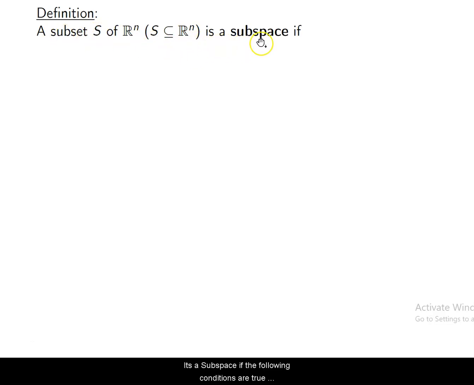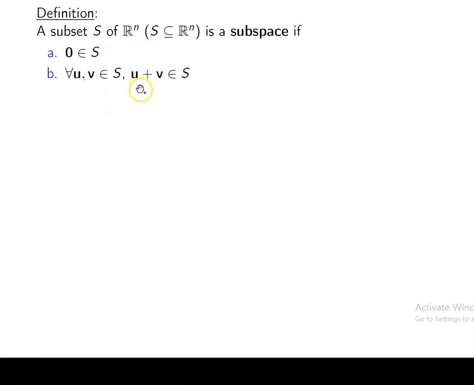It's a subspace if the following conditions are true. First, the zero vector has to be inside of this subset. Second, for every vector u and v that is inside of my subset of Rn, if I add those two things together, they will still be inside of that subset, meaning that this subset is closed under addition.